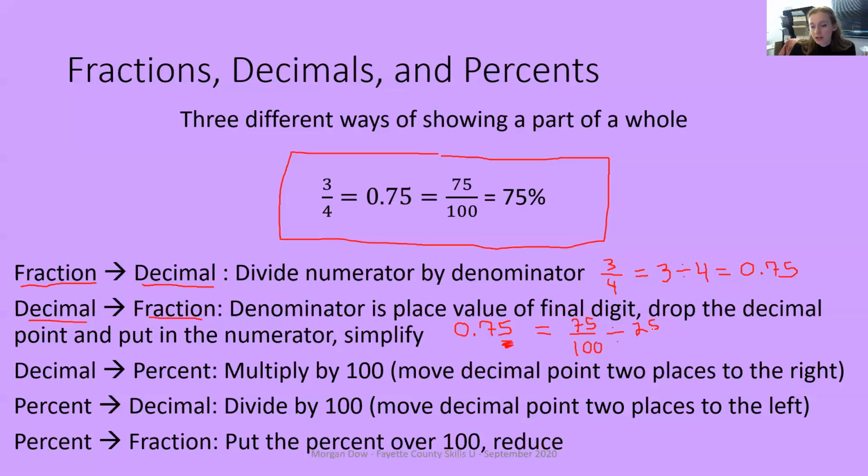So we can divide the top and the bottom of this fraction by 25, and the fraction will reduce to 3/4. And that's good because we knew that was the answer, right? We knew that 0.75 is the same thing as the fraction 3/4. Okay, so fraction to decimal is about dividing, and decimal to fraction is about place value.